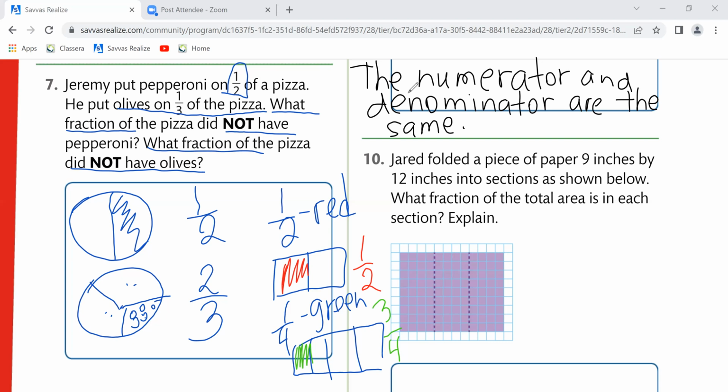Okay, yes, we did number 8. Yes, we did number 9. Number 10. You see the picture like this. Okay, this is enough that you can say for me.